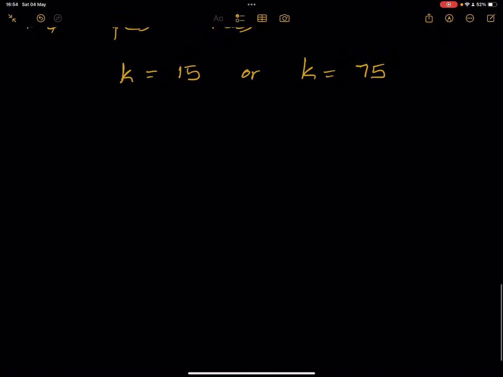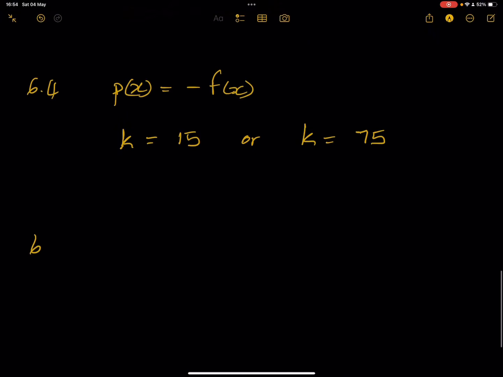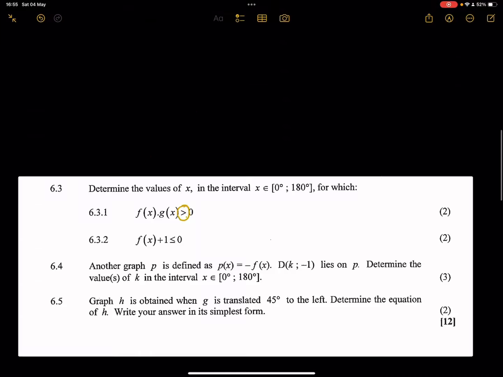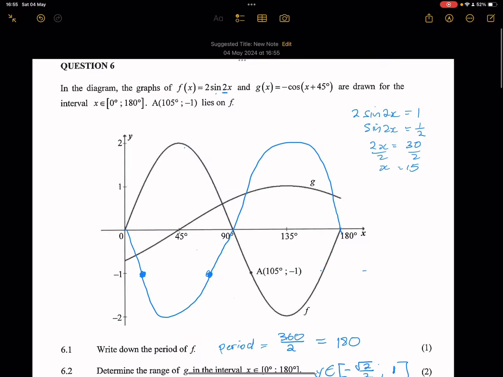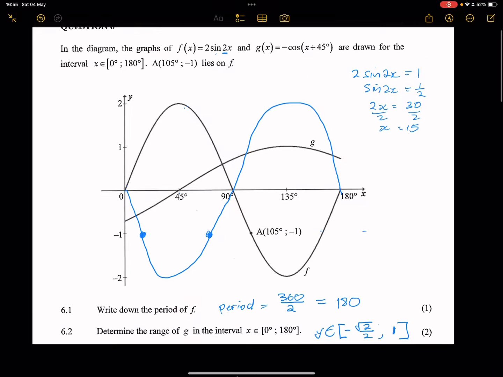They're saying H of x would be G of x. Remember, when I shift to the left, I add 45. Now remember, what is the equation for G? G is given as minus the cos of x plus 45.